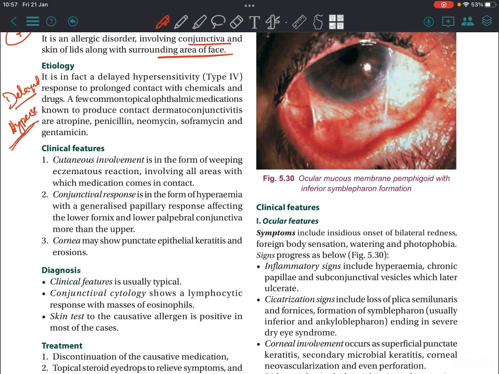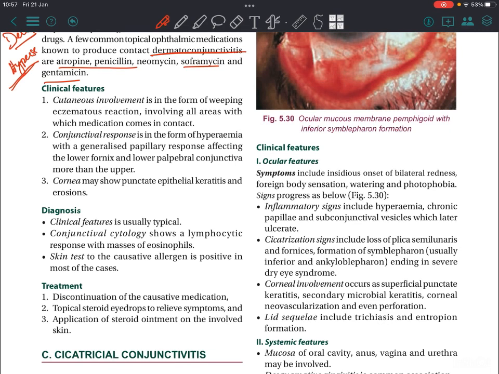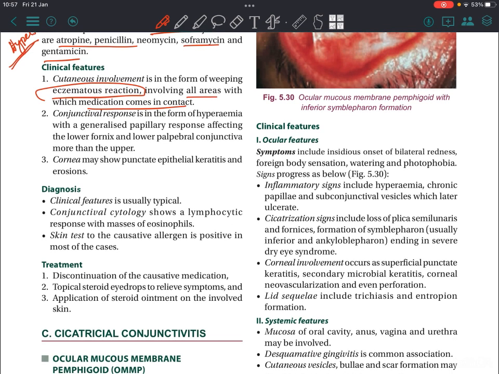A few common topical ophthalmic medications known to produce contact dermatoconjunctivitis are atropine, penicillin, neomycin, framycetin, gentamicin, etc. Cutaneous involvement is in the form of weeping eczematous reaction involving all areas which the medication comes in contact with. Conjunctival response is in the form of hyperemia with a generalized papillary response affecting the lower fornix and lower palpebral conjunctiva more than upper. Cornea may show punctate epithelial keratitis and erosions.